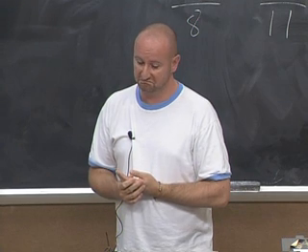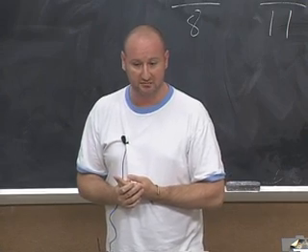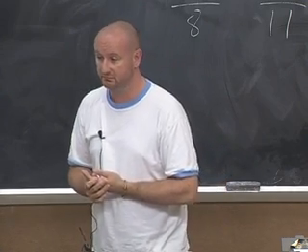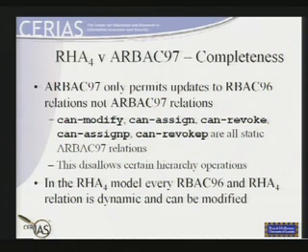It's not obvious that you want to do this. You might well want to change your administrative setup. So I claim that these probably should be dynamic, but they're not in RBAC 97. So in the RHA model, all these relations are dynamic. All the RBAC 96 relations are dynamic, as is the only relation I introduced, which is admin authority.